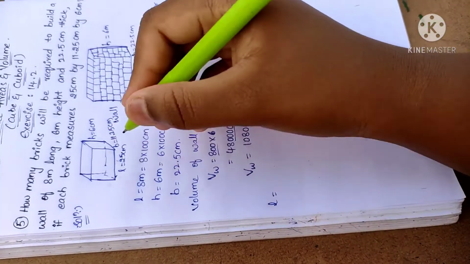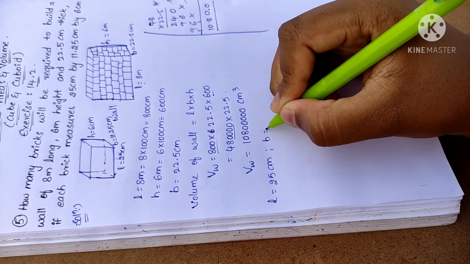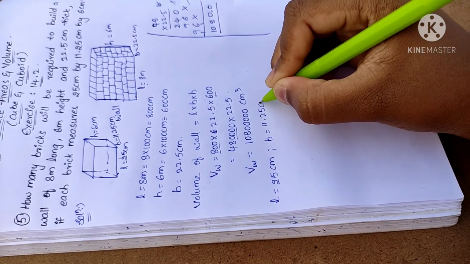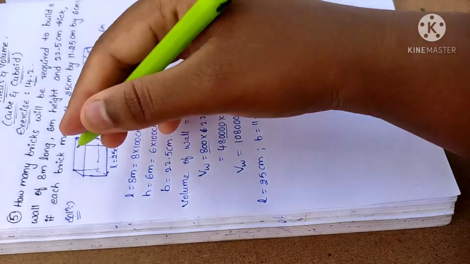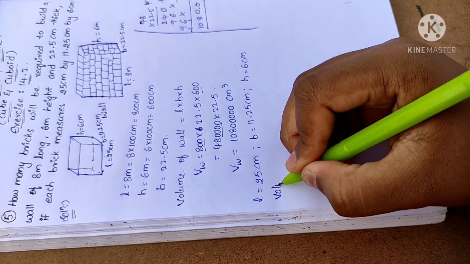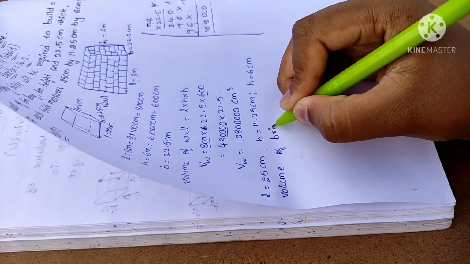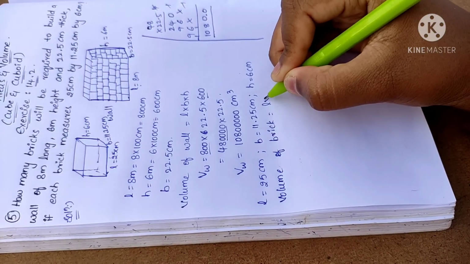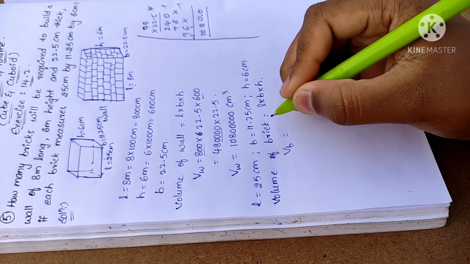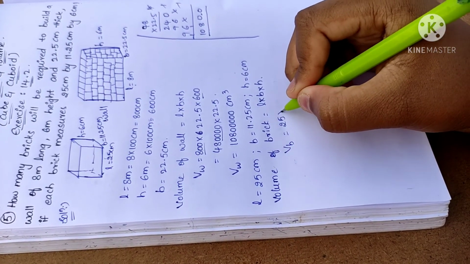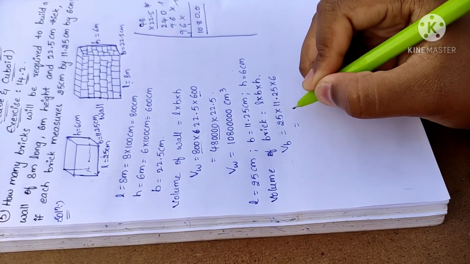Directly we have to find the volume of brick. So here directly we can do volume of brick equal to length into breadth into height. So volume of brick: length is 25, breadth is 11.25, and height is 6.